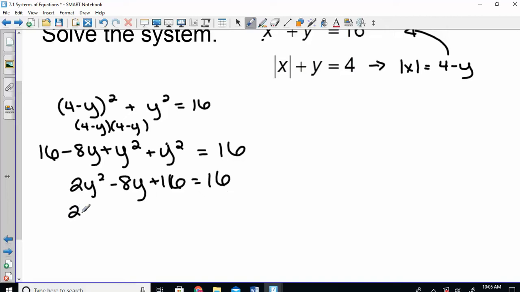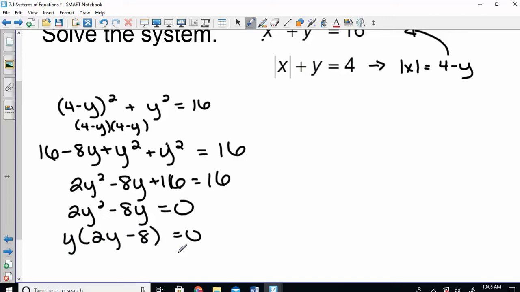What happens now? 16's cancel. Subtract over the 16 and that drops. Take out the y. So if you set those equal 0, you get y equals 0. 2y minus 8 equals 0.